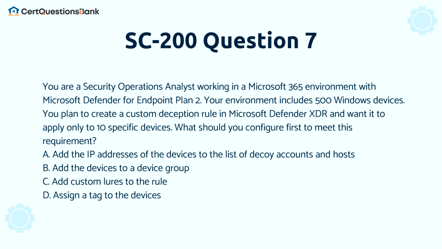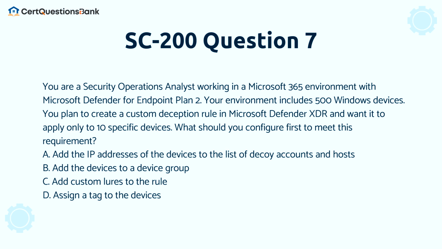You are a security operations analyst working in a Microsoft 365 environment with Microsoft Defender for Endpoint Plan 2. Your environment includes 500 Windows devices. You plan to create a custom deception rule in Microsoft Defender XDR and want it to apply only to 10 specific devices.